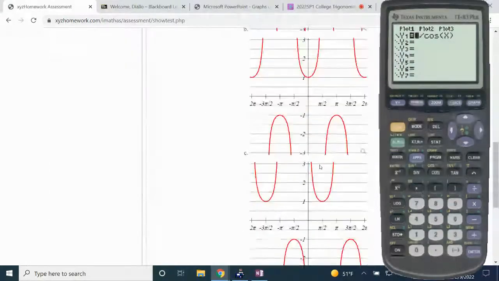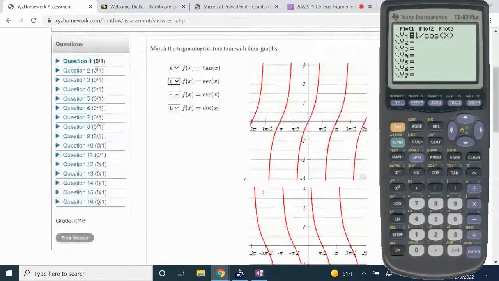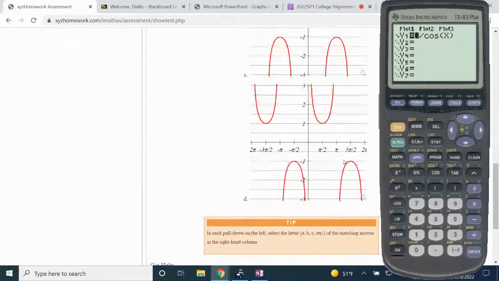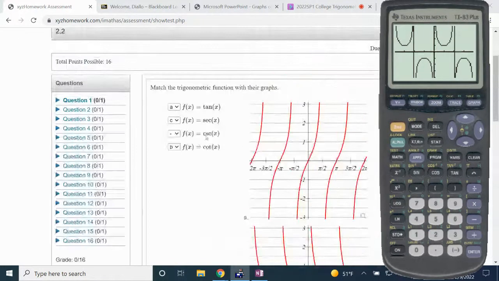All right, and then by elimination, D would be our cosecant curve. Remember you can graph the cosecant as 1 divided by the sine. And when you graph, notice that the curve doesn't actually hit the y-axis. Okay, so that would be D.